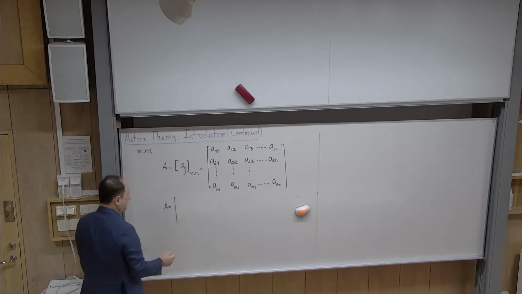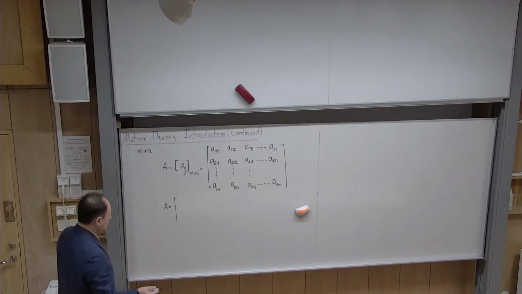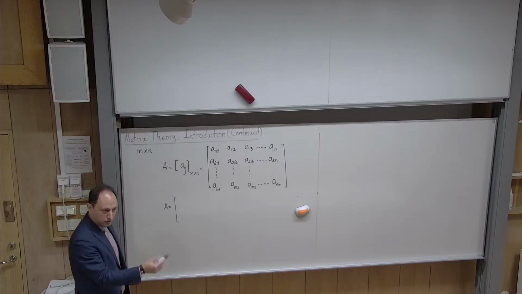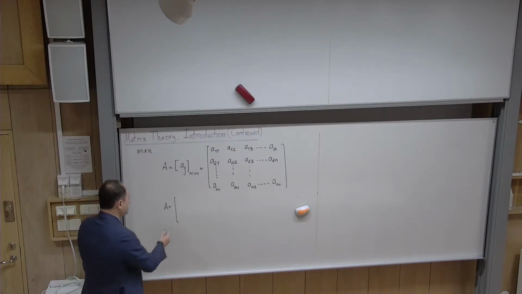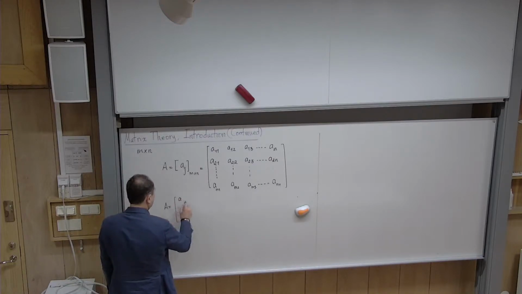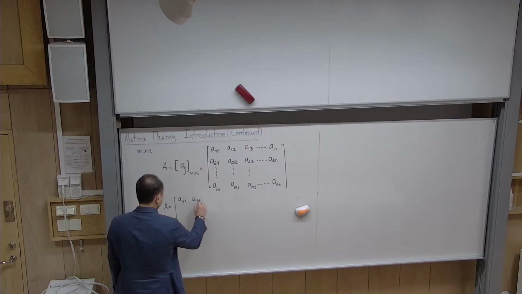It doesn't matter what type of square matrix it is. 1 by 1 is just a number, 2 by 2, 3 by 3, etc. So let me just pick a 3 by 3: A11, A12, A13, and then you have A21, A22, A23, and then you have A31, A32, A33.